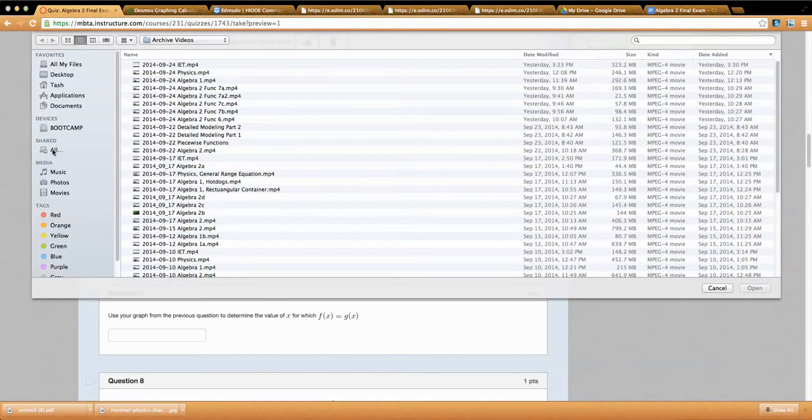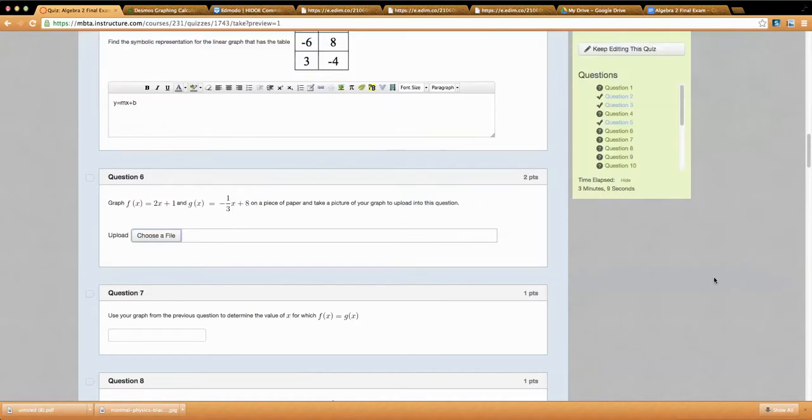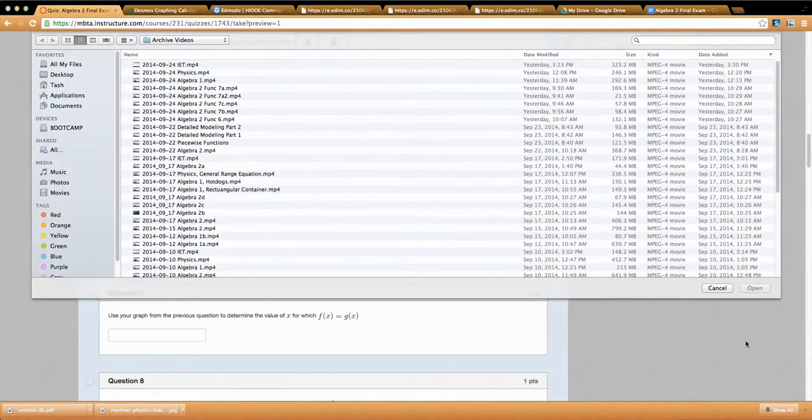I think on your Chromebooks you might have the option of adding a photo using the camera, and you just hold the paper up to the camera and choose that file. If not, then take a picture, upload it to your Chromebook, and when you choose the file, go find the file wherever you uploaded it.